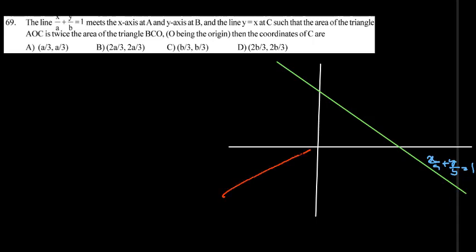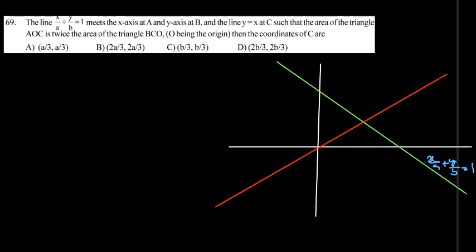Okay, easy problem. Listen. This is the y-axis, this is the x-axis. This is the line x by a plus y by b equal to 1, and y equal to x, which is the bisector of the third quadrant and first quadrant.